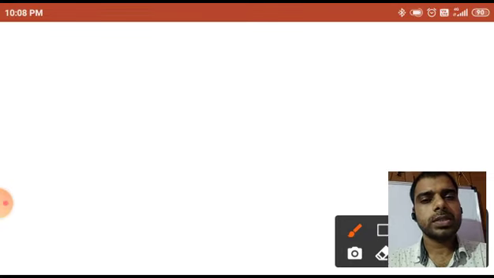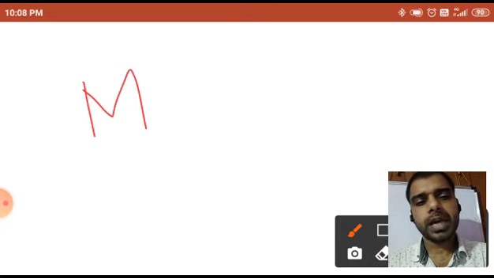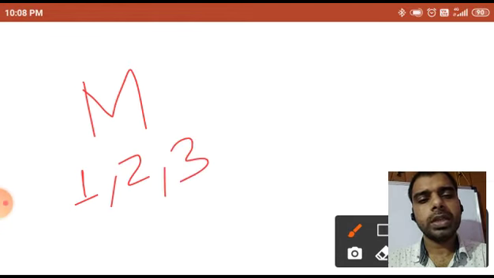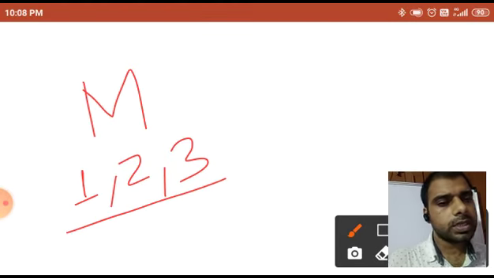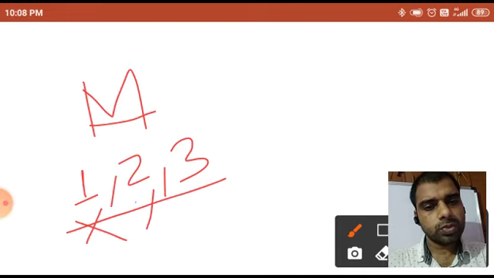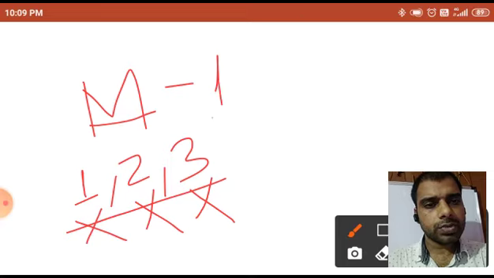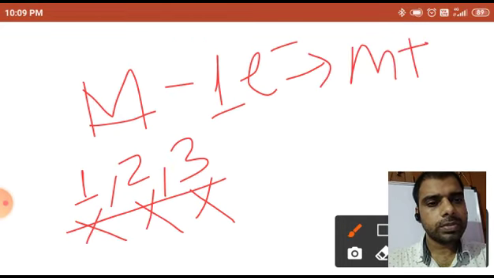What does it mean? Suppose M is one of the metals. This M has 1, 2, or 3 electrons present in its valence shell in its electronic configuration. So this metal can lose 1 electron and form M positive, M minus 1 electron.